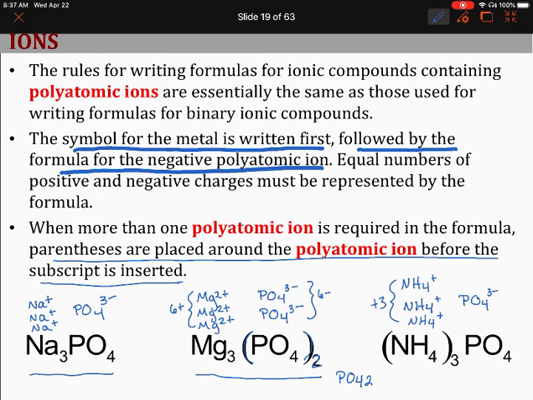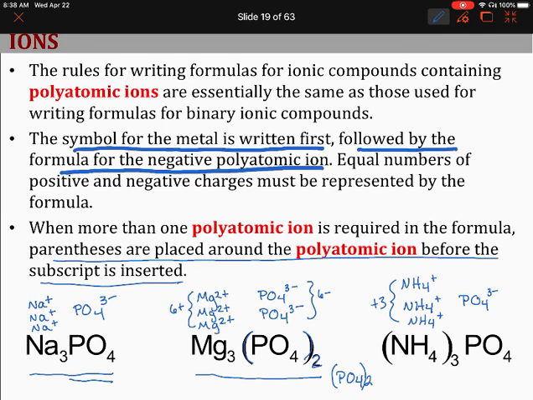It looks like we have 42 oxygens bonded to that phosphorus atom, and that doesn't quite make sense, right? So we want to make sure that we're separating phosphate from the subscript. Now, if we just have 1 phosphate, like in the first compound here, we don't need parentheses because we're not trying to separate phosphate from a subscript.